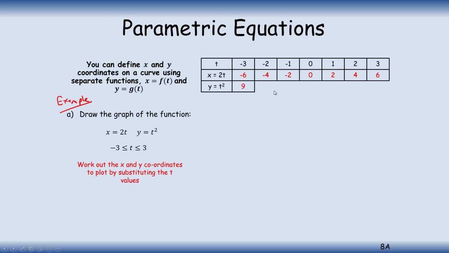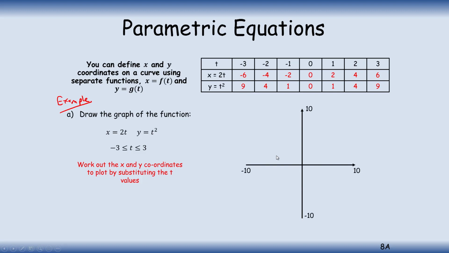Gives us 9, 4, 1, and so on, and then we repeat. Now looking at that, you can see it's quadratic. It's a happy curve, always stays above the x-axis. When we sketch it, it looks like so. A nice happy quadratic.